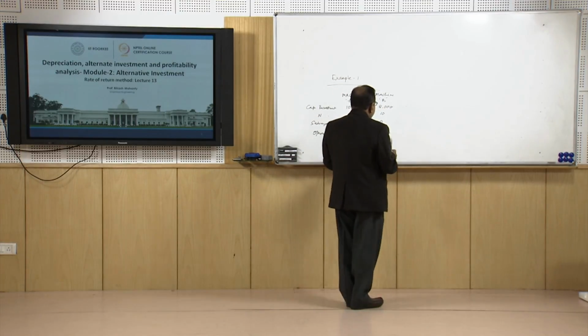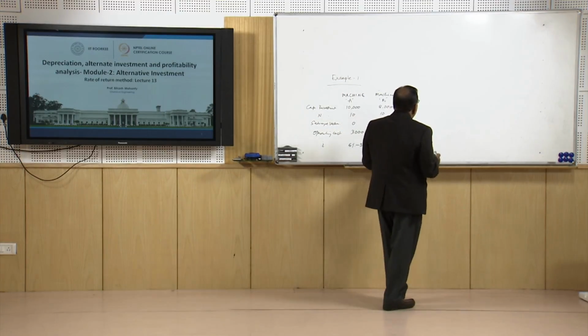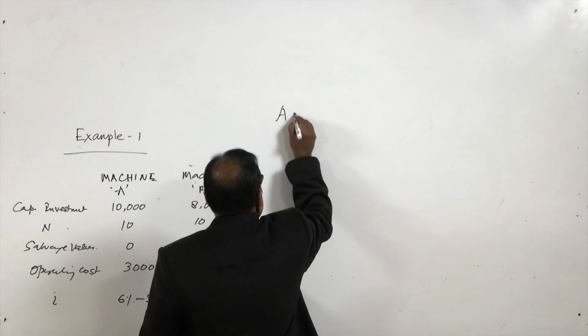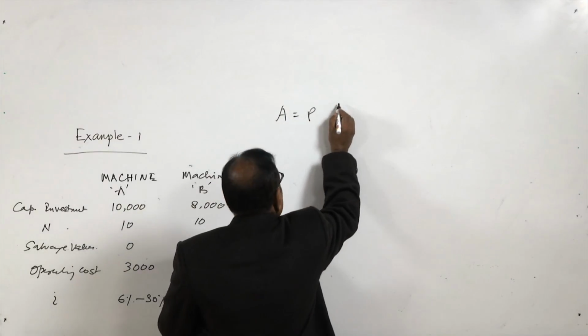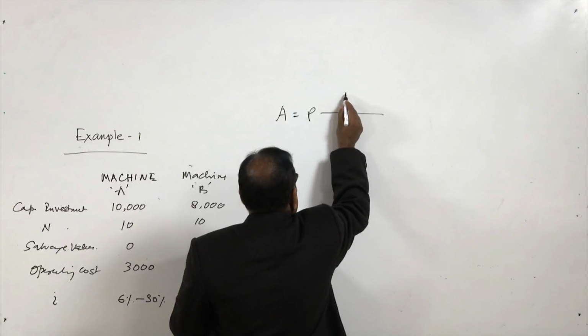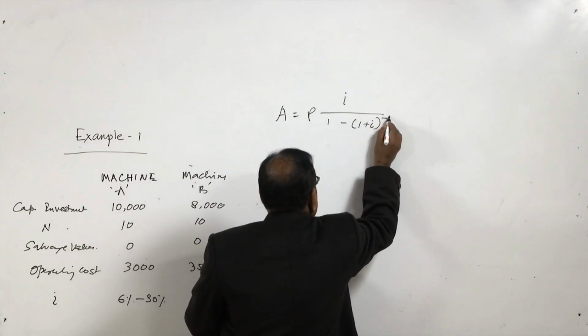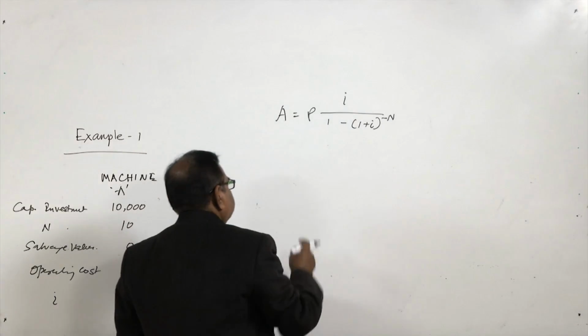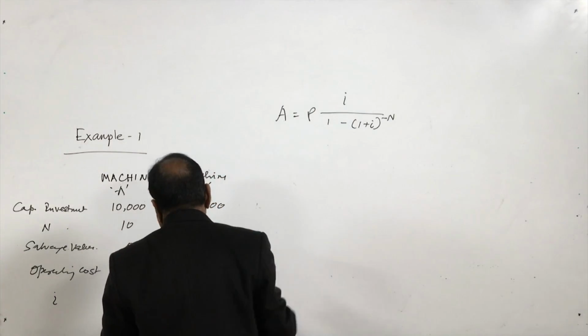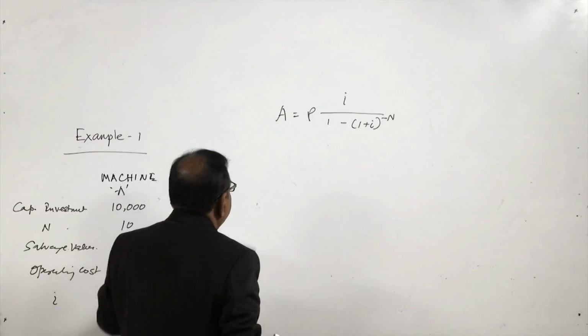Now, let us compute. Our formula will be A is equal to P times i divided by 1 minus (1 plus i) to the power minus n, because we will be converting the present worth to annuity.